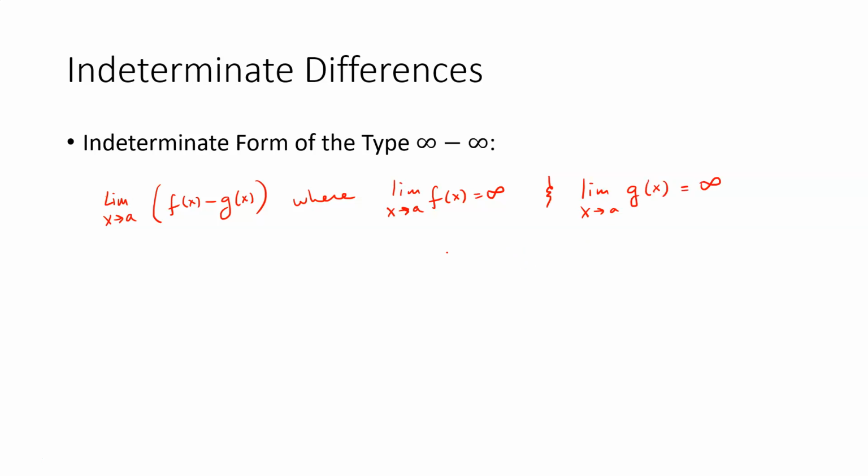What we'll be looking out for here are algebraic maneuvers that we can use to manipulate it into a form where it's either 0 over 0 or infinity over infinity.